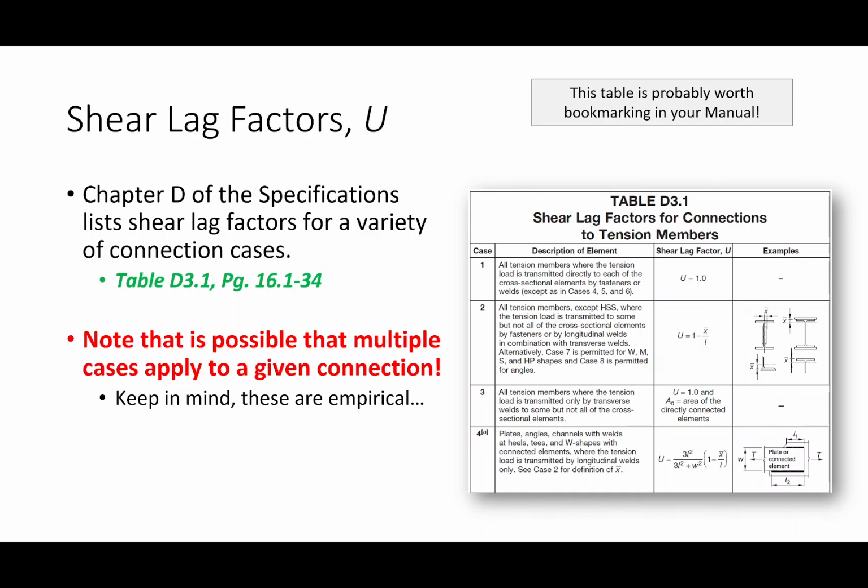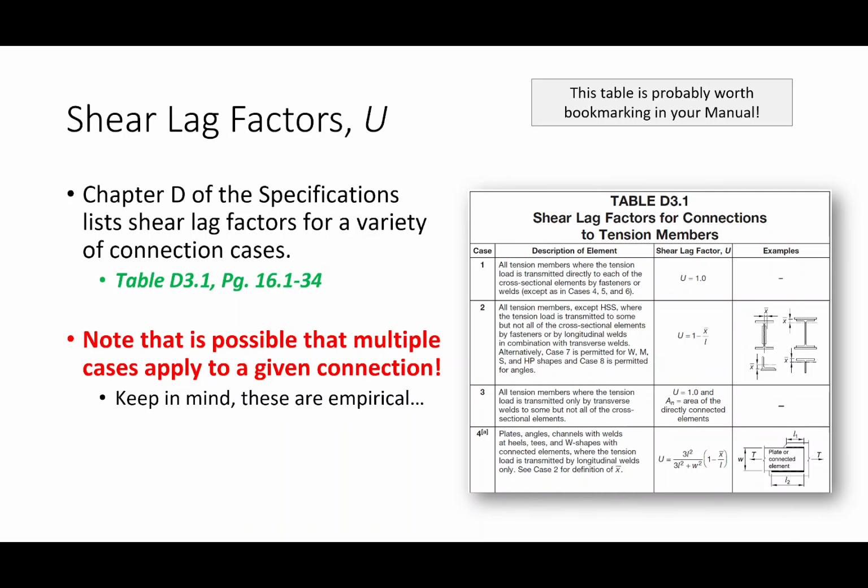Same idea, right? And so what we're going to talk about on Monday are these shear lag factors and how to use different ones, and there are little nuances associated with how they apply. There are multiple cases that can apply to a single problem and how you deal with that. What I'll tell you is that this is in Table D3.1. It's in the back of the manual near the gray section.